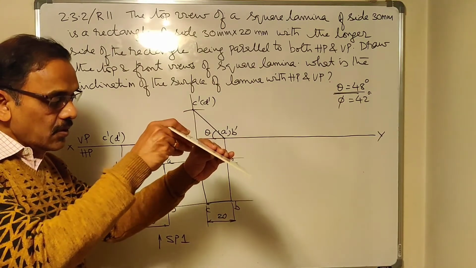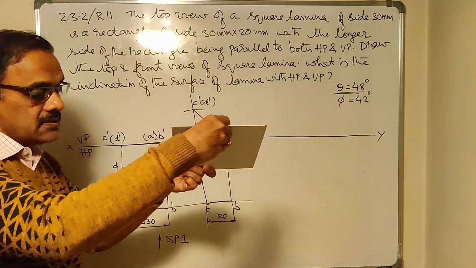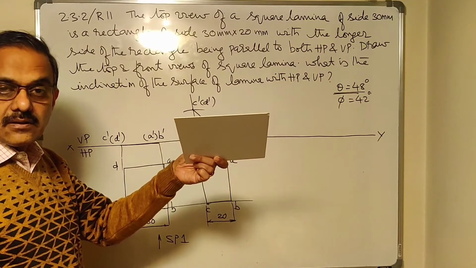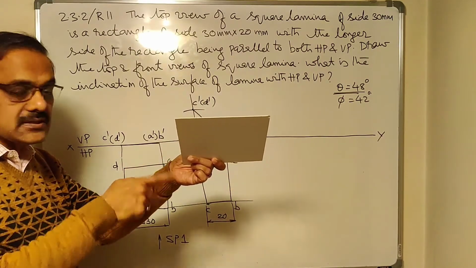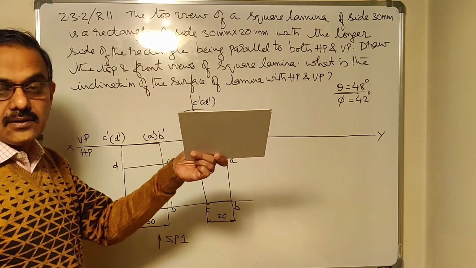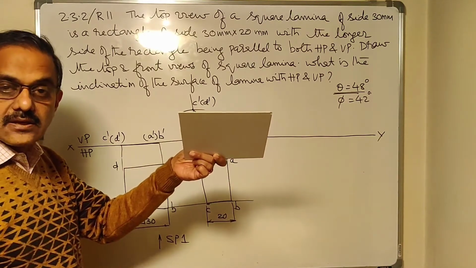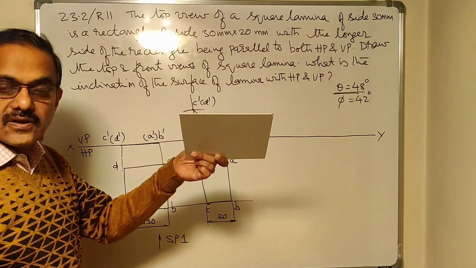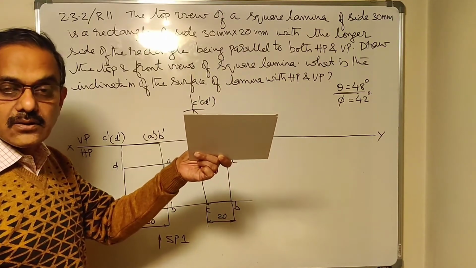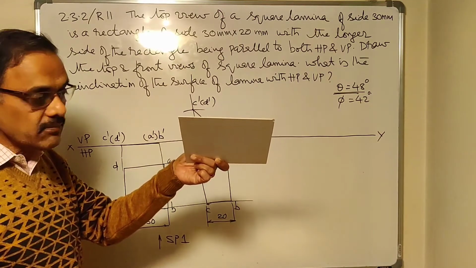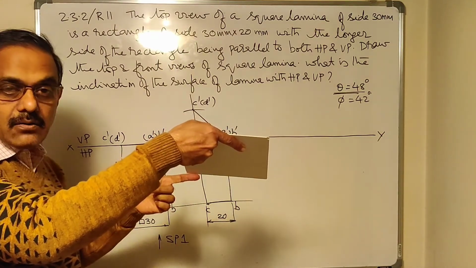I must rotate it like this, rotation by 90 degrees. But you should make sure the angle still remains 48. You can't forget about the second condition. The second condition says the surface is inclined to HP at 48. You can't forget that. At the same time, you are making this edge parallel to VP.